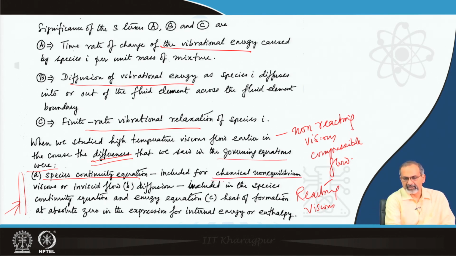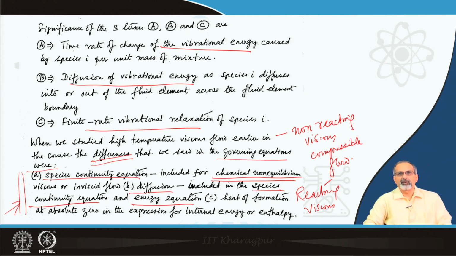Then comes diffusion, which is included in the species continuity equation and the energy equation. Then comes the heat of formation at absolute 0 in the expression for internal energy or enthalpy. So, these are the primary differences that we see.